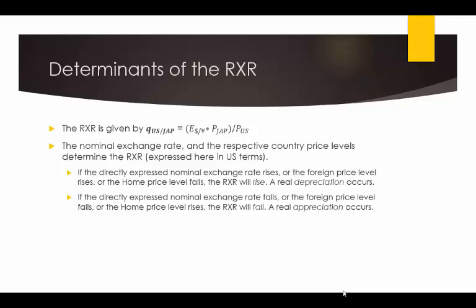As a result, we should expect a real depreciation where a directly expressed nominal exchange rate rises or depreciates, or the foreign price level rises, or the home price level falls. Similarly, we should expect a real appreciation if the directly expressed nominal exchange rate falls, or the foreign price level falls, or the home price level rises.